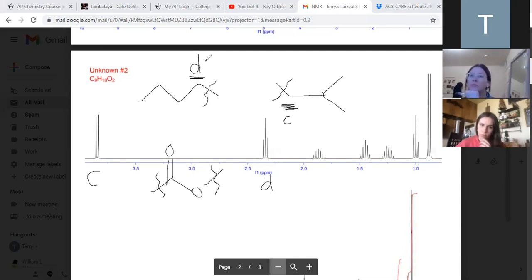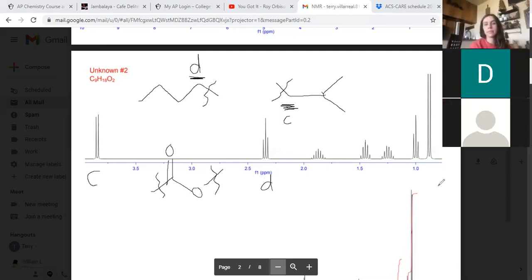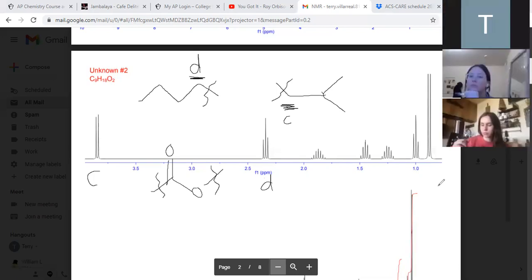And why do you say that? Okay, so if I'm looking at this right, C has, okay, there's something even easier here, and I think you're maybe making this a little more complicated. Which one of my peaks is further downfield?